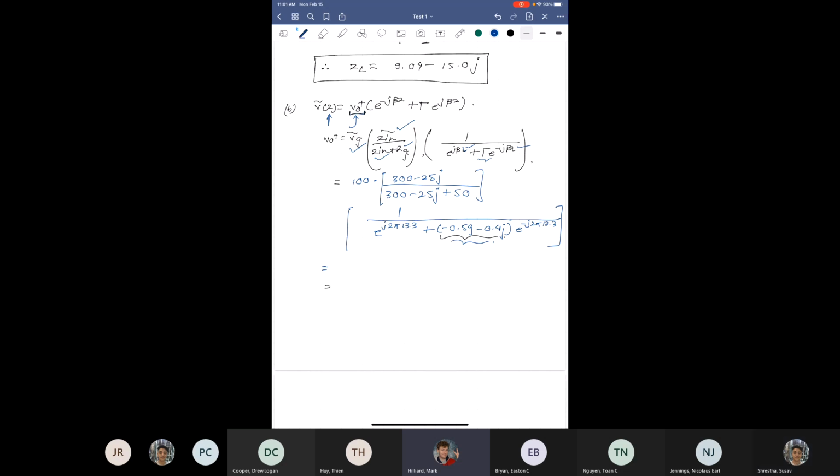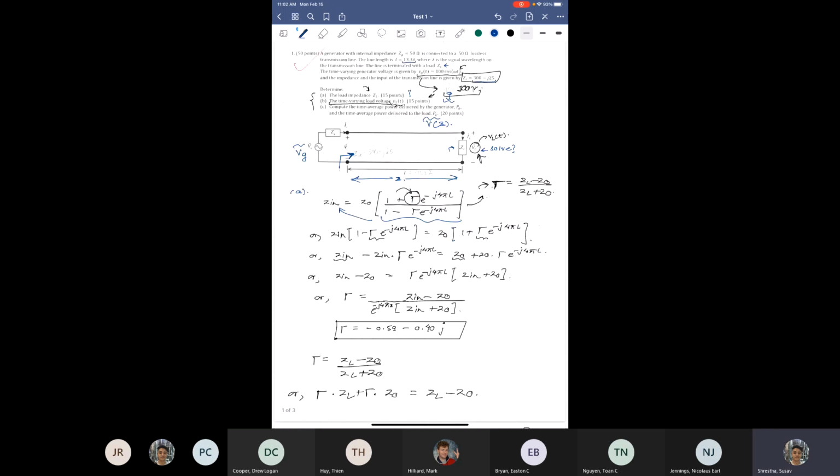Okay. Let me just tell you real quick and see if this is the correct value. With the negative swapped, I got negative 0.86 minus 2.78J for rectangular, and polar was 2.91 e to the power negative 1.87J. One way to think about whether you might be doing it wrong is that the generator voltage is 100 volts, right?